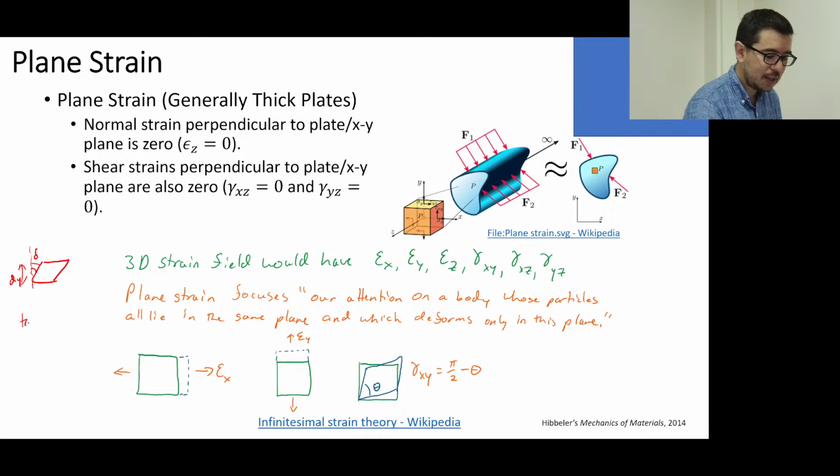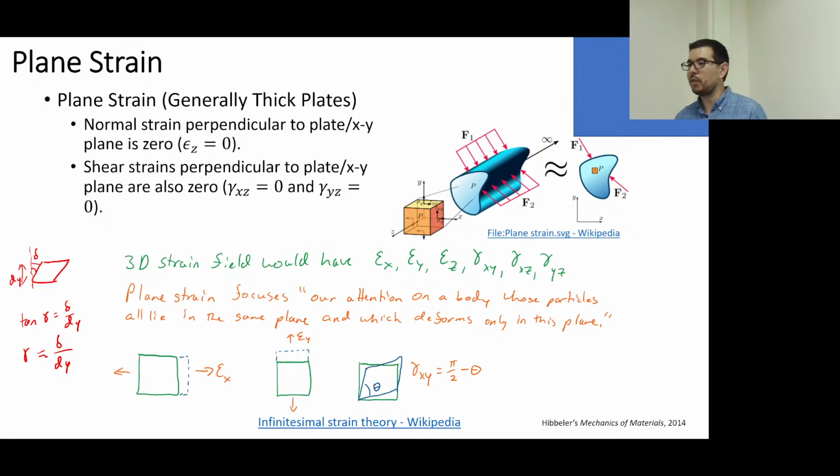So the tangent of gamma is equal to delta over dy, and gamma is approximately equal to delta over dy because it's a small angle. We said that earlier.